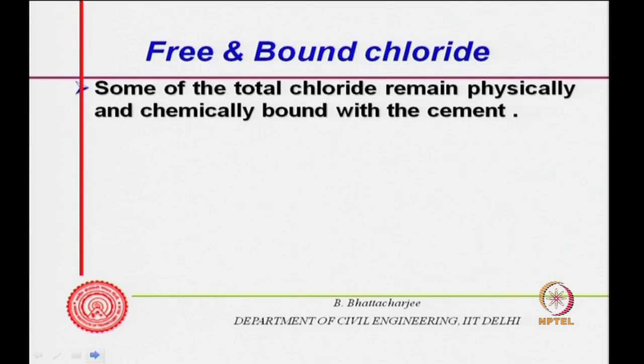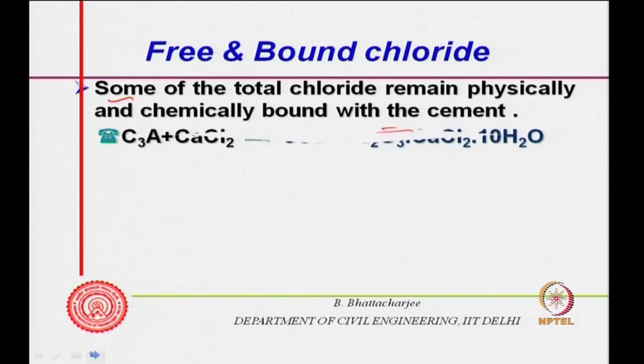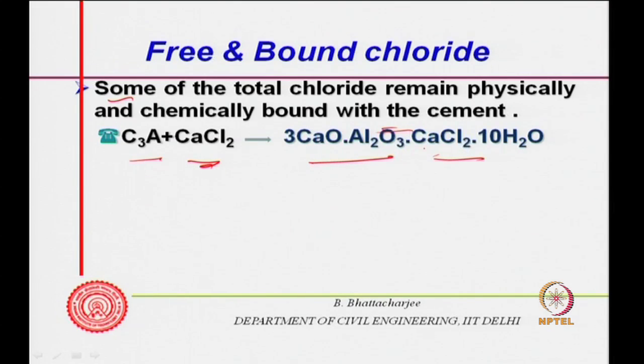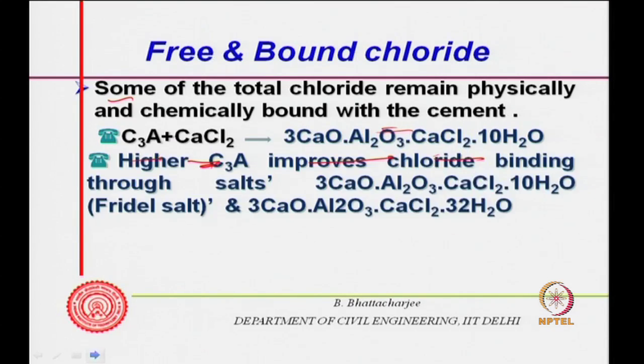Some of the total chloride remains physically and chemically bound. Some chloride reacts with the cement, like C3A reacting with calcium chloride gives you chloroaluminate salts, and higher C3A therefore improves the chloride binding. So, this is chemically combined chloride.